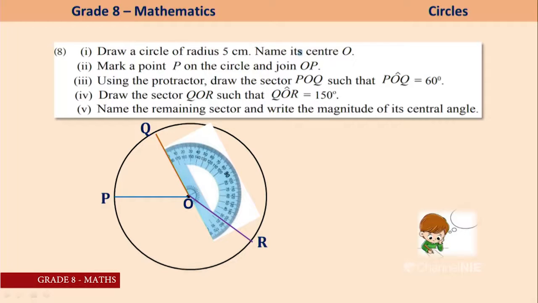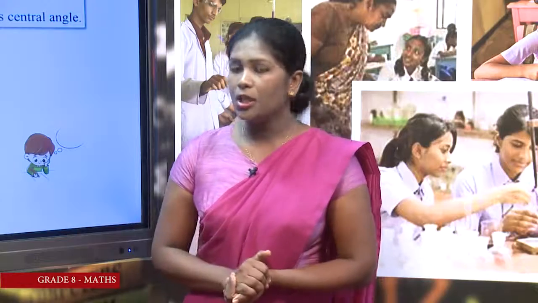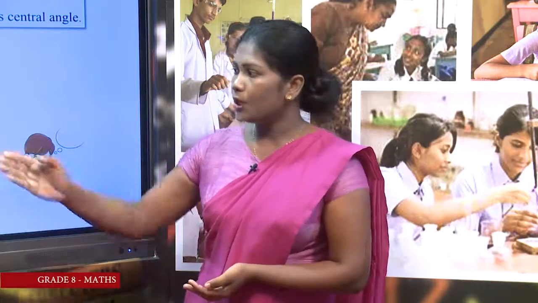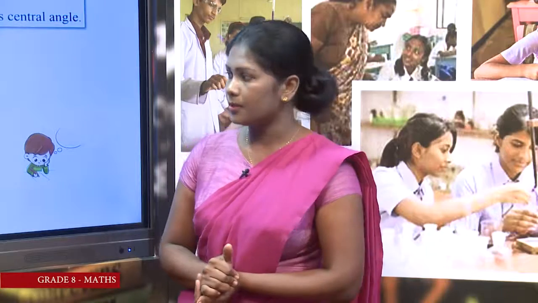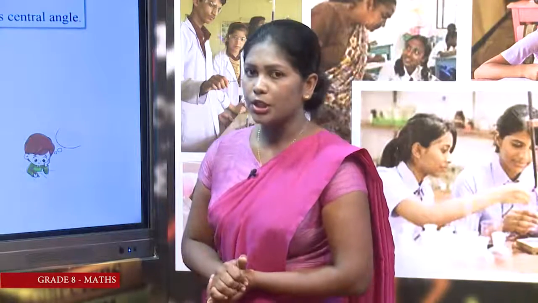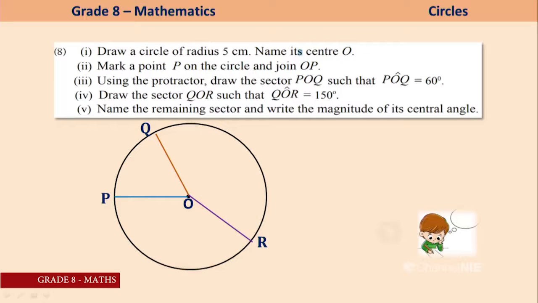Then the fifth question, they ask you to name the remaining sector and write the magnitude of the central angle. What is the remaining sector? Here, angle POR is the remaining sector. So, what is the value of the magnitude of this angle? Now you know POQ is 60 degrees and also QOR is 150 degrees.